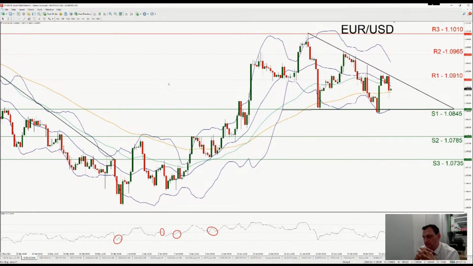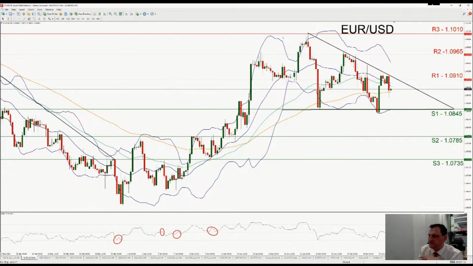Should the bears keep control of the pair, we may see it dropping, breaking the S1 1.0845 and start aiming for the 1.0785. On the other hand, should the bulls take over, I would expect the pair to rise, break the downward trend line, break the R1 1.0910, and start aiming for the 1.0965.